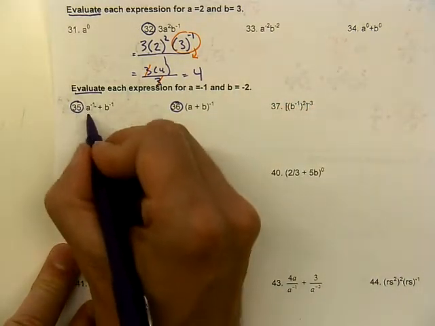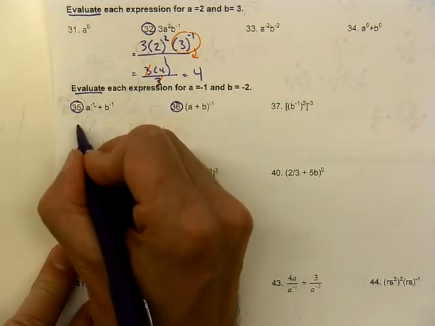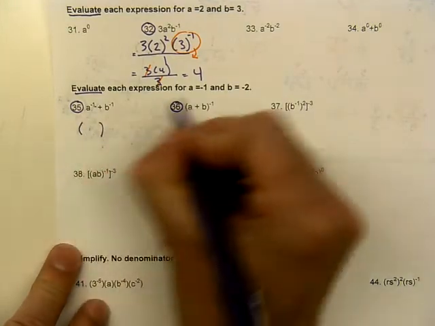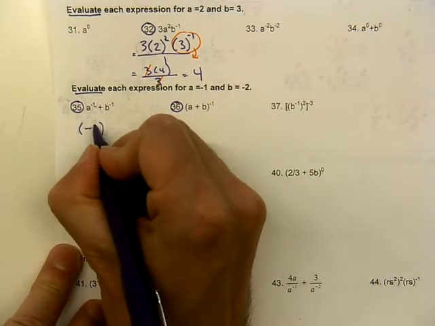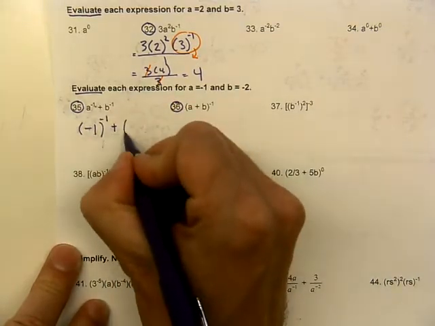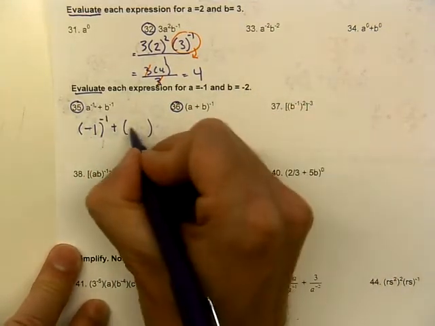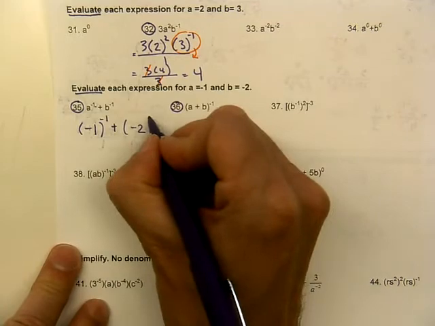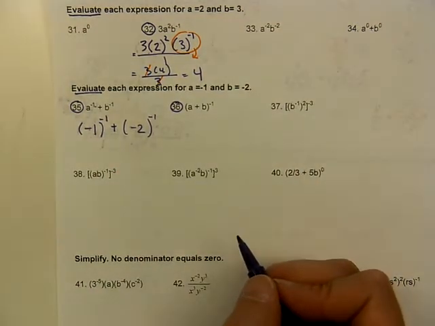So in number 35, I have a base of a to the power of negative 1. So here's my substitution, plugging in the value of a, and then raising that to the exponent of negative 1. There's a plus sign. Plugging in the value of b, which they tell us is negative 2, and that is also the negative 1 exponent.